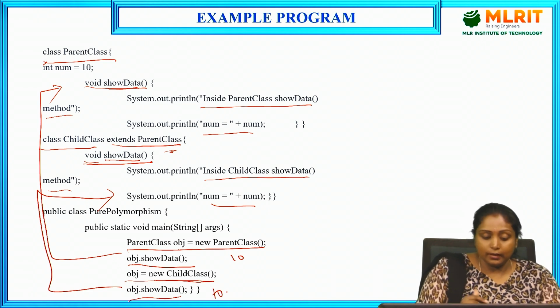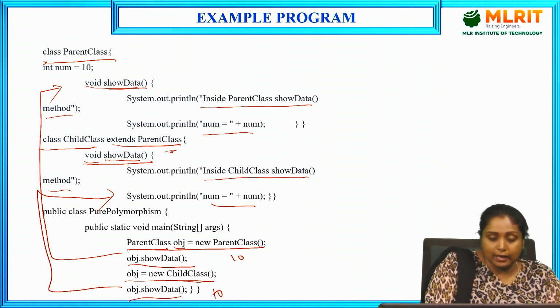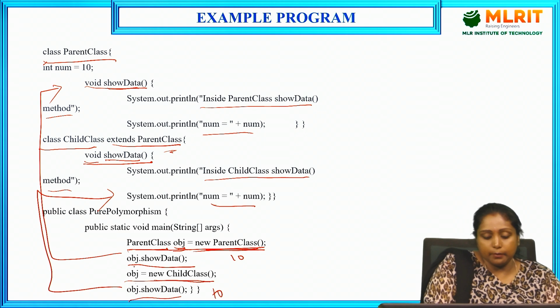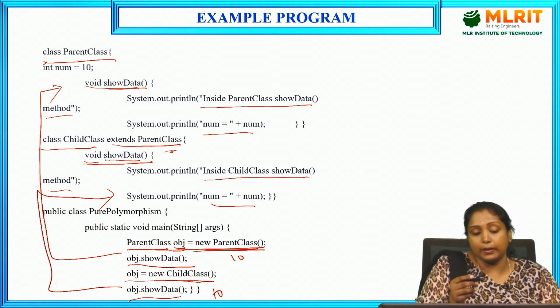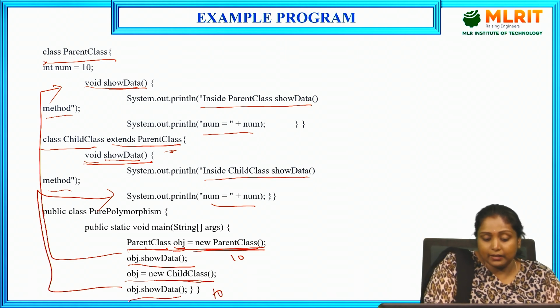Here I am creating an object of the parent class using the parent class constructor, and calling the method, it will go to the parent class constructor and invoke the parent class method. Here I am creating the same object, obj equals new child class.